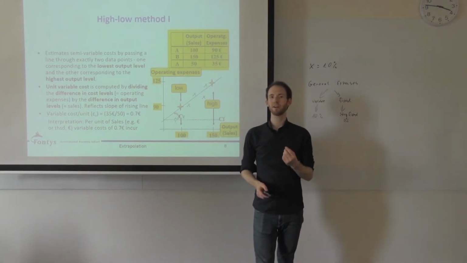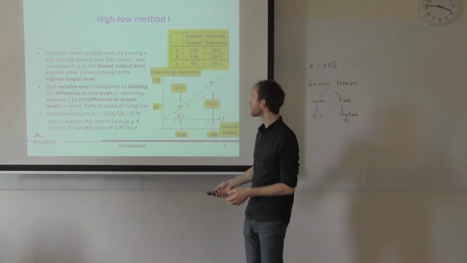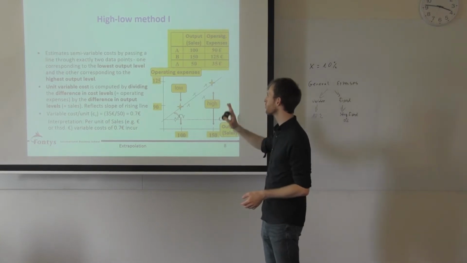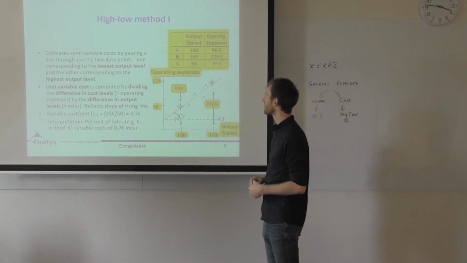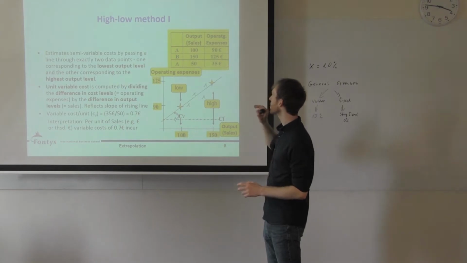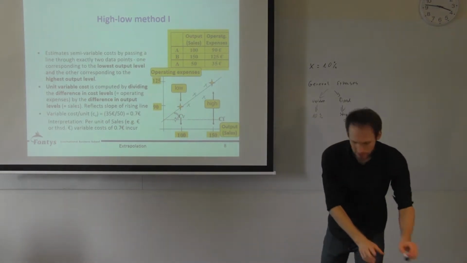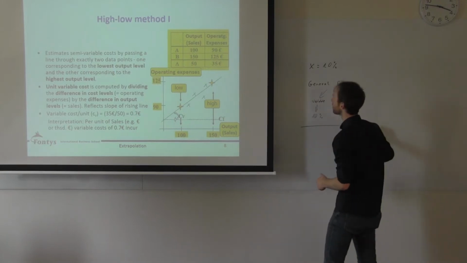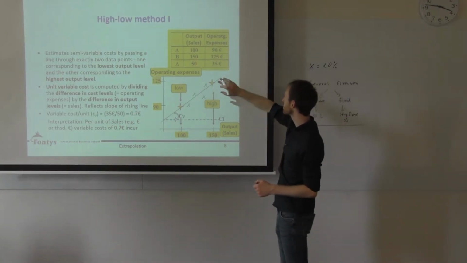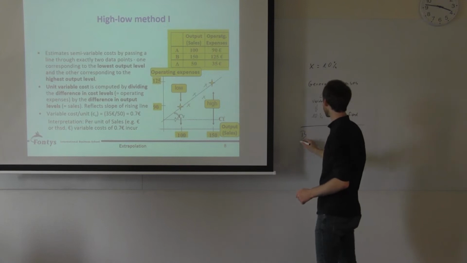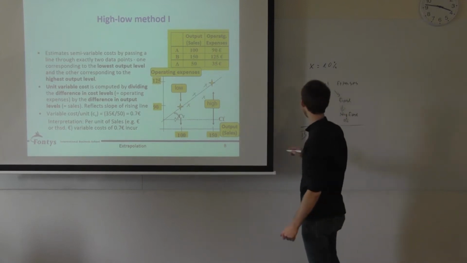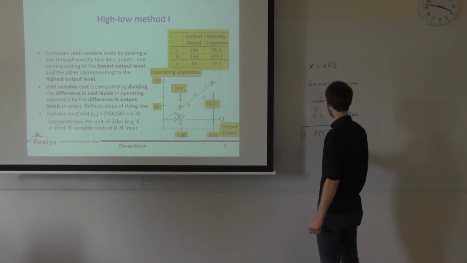And this is a very, very good observation, because later, and I will also show this to you on a task that we do, we can actually say, and we can also do that here, let's just take any of the situations. Let's take situation B. We have operating expenses of 125.